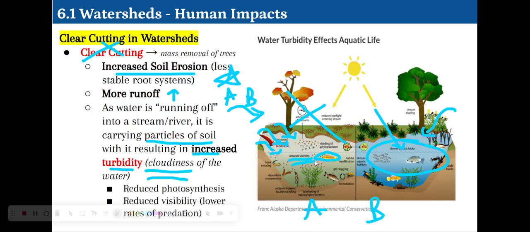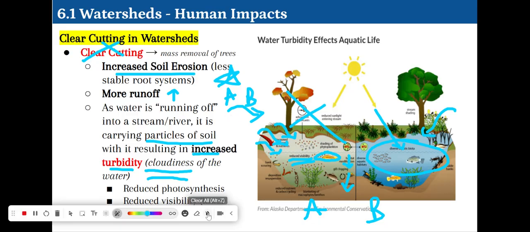We're going to have reduced visibility, less predation because you can't see your prey, less photosynthesis because sunlight can't penetrate as deep, and we start to see these cascading impacts of cutting down trees, which again might seem simplistic, but once you start getting into the in-depth things, we see these step-by-step causes and impacts to these aquatic ecosystems.